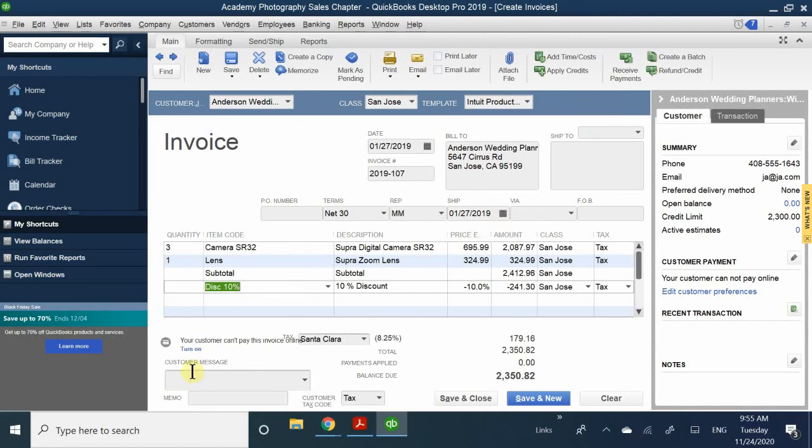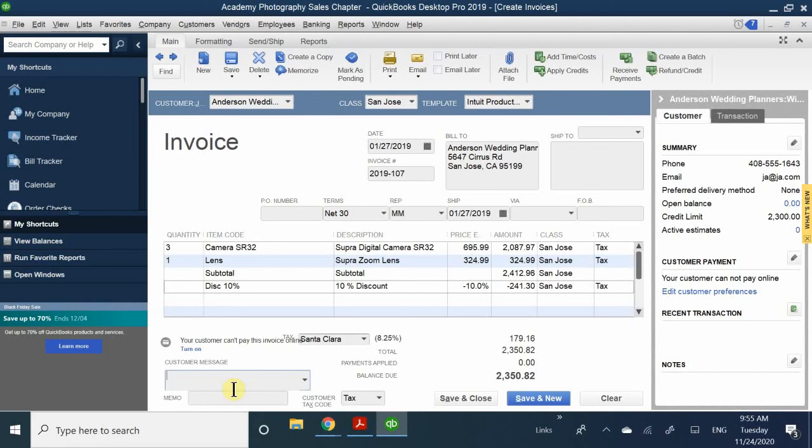What if it's only referred to one item? Say, for example, the camera: the customer bought 3 items of that, and you're giving a 10% discount. Can you put that discount after the camera, before you enter the lens? Yeah. Okay, so you're not getting a discount on the lens? No. Then yes.